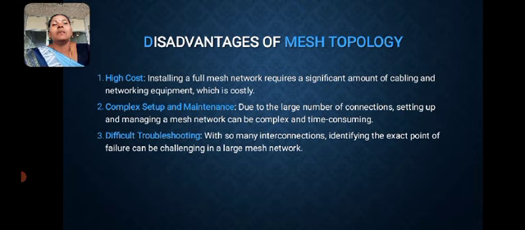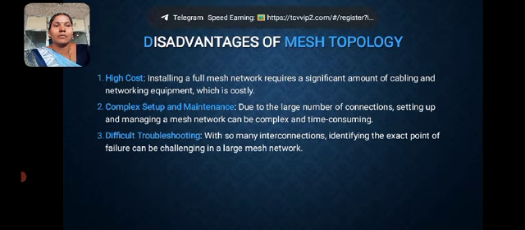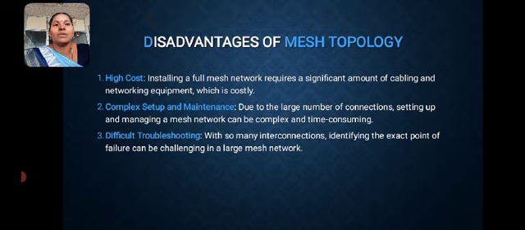Second, installation, setup, and maintenance are also difficult due to the large number of connections. Setting up and managing a mesh network can be complex and time consuming. Troubleshooting is difficult with so many interconnections. Identifying the exact point of failure can be challenging in a large mesh network.